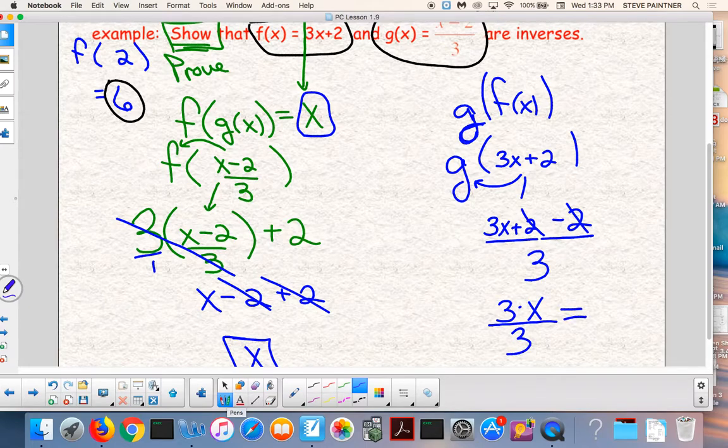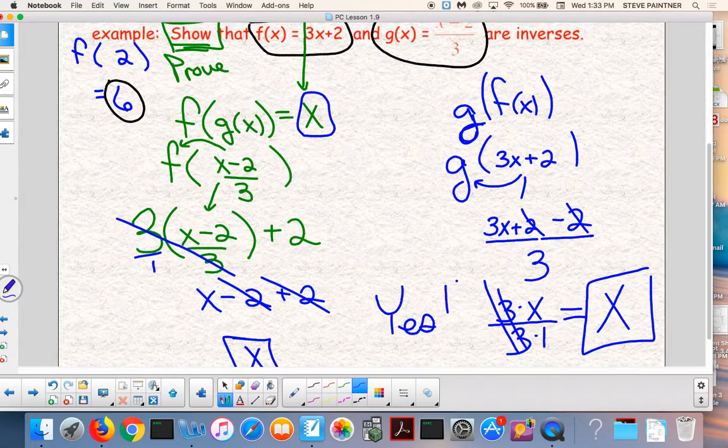Yeah, this is really 3 times 1. So as long as you have multiply over multiply, go ahead and cancel. And the answer is what? X. X. Are they inverses? Yes. The answer is yes. They are inverses. Why? Because when I did the composites, I got x and x.